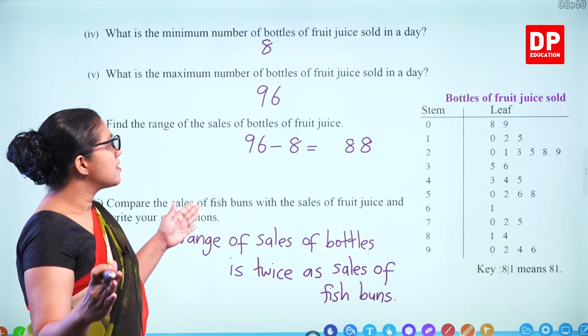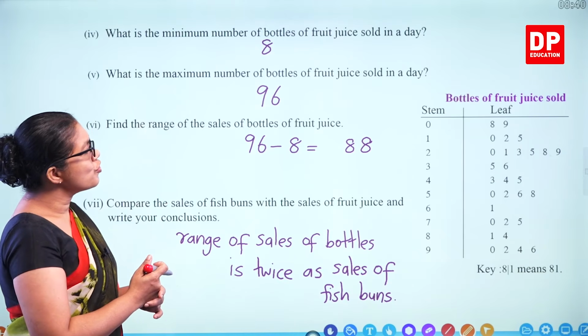The range is highest in bottles of fruit juice.